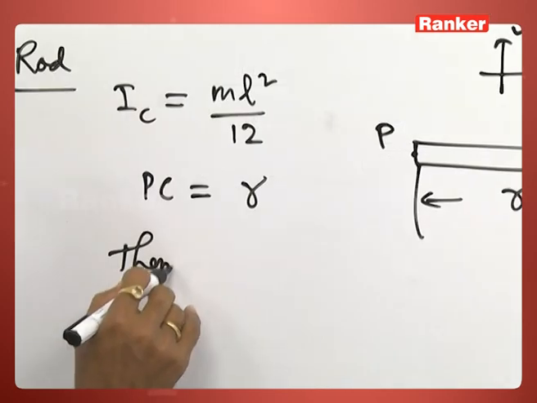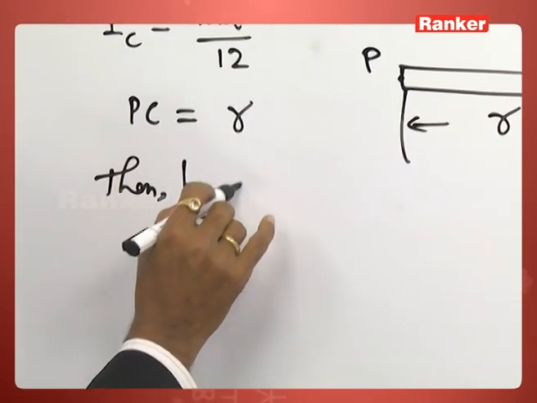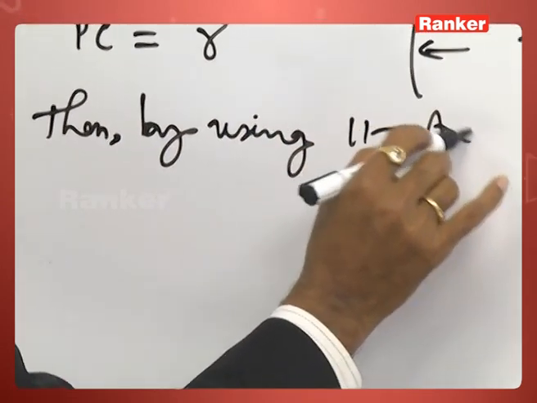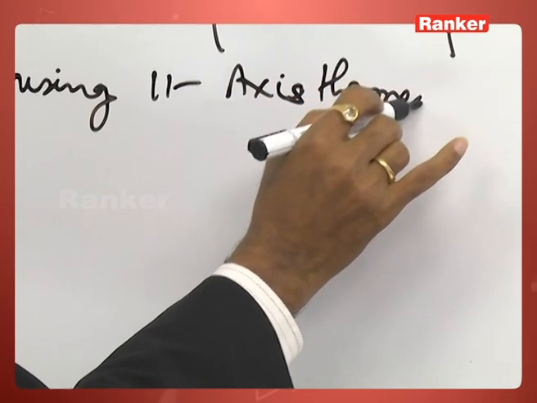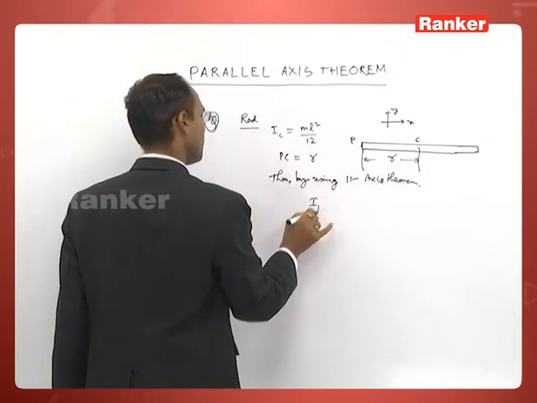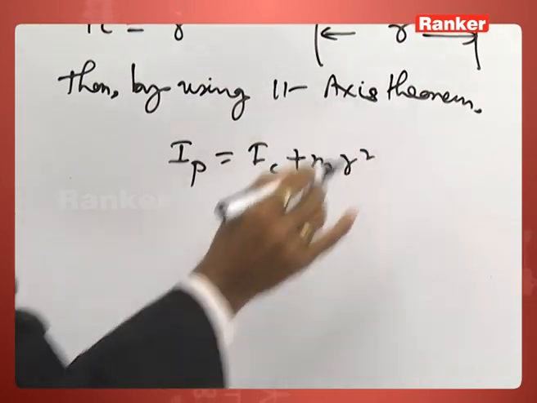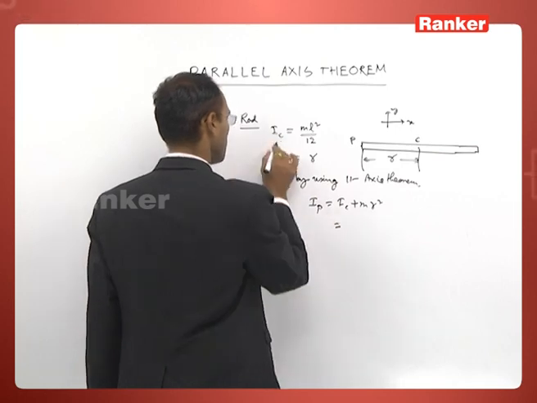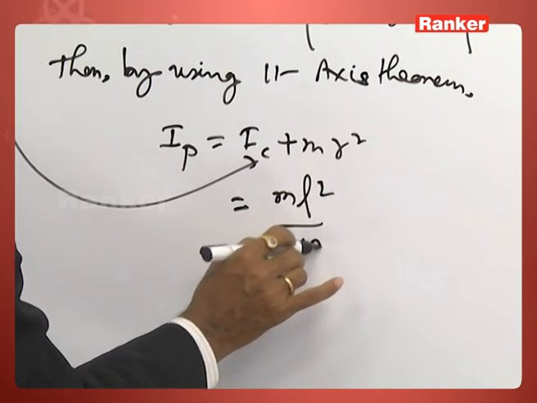Then by using parallel axis theorem, we can write IP is equal to IC plus mr square. IC is equal to mL square by 12.